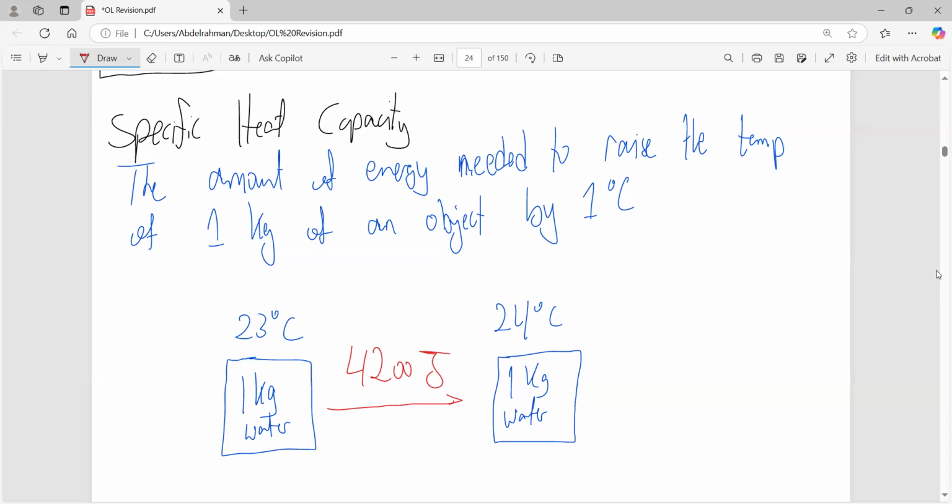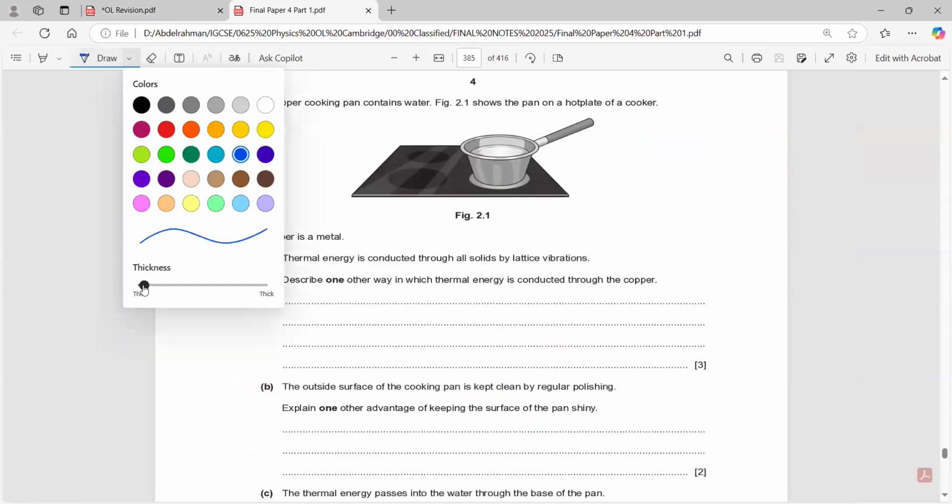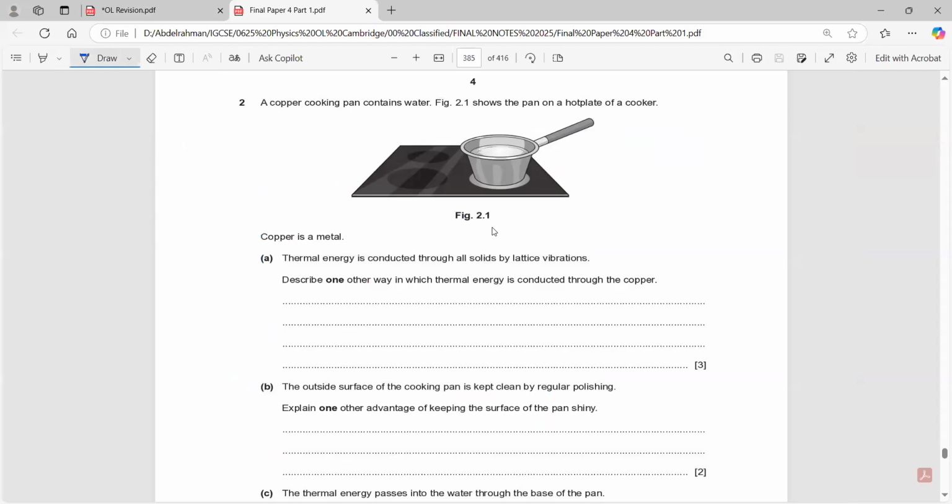Can you all see it now? Yeah. Page 383. Can you all see it now? Any questions before we start? Let's go.